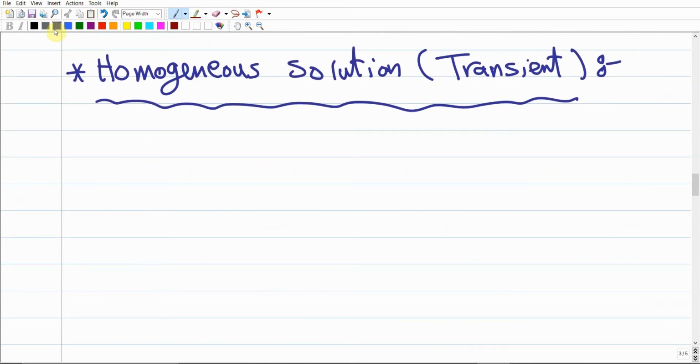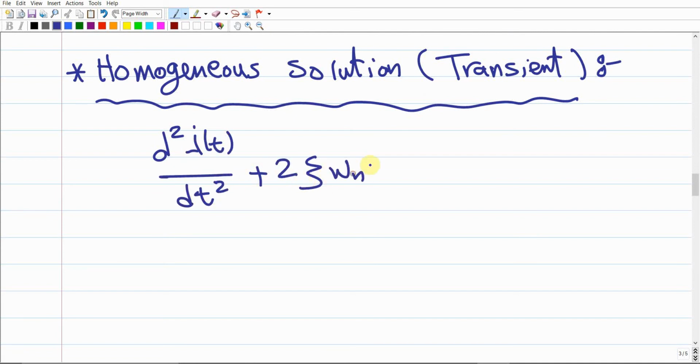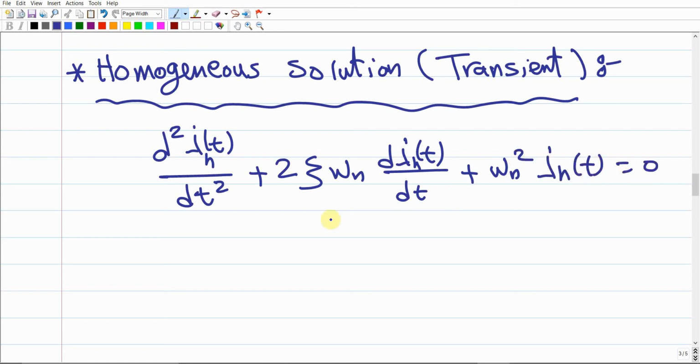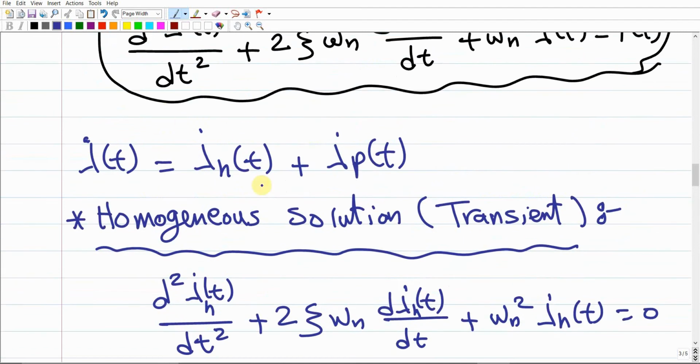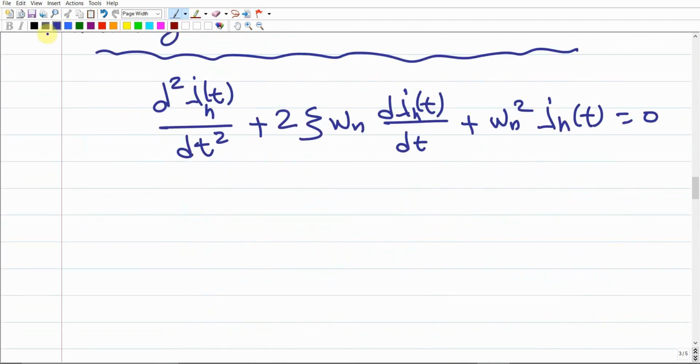This is going to give us this second order ODE: d squared i_h of t by dt squared plus 2 xi omega n di_h of t by dt plus omega n squared i_h of t equals 0. Solving this second order ODE for i_h is going to give us the first part of the general solution for the current.